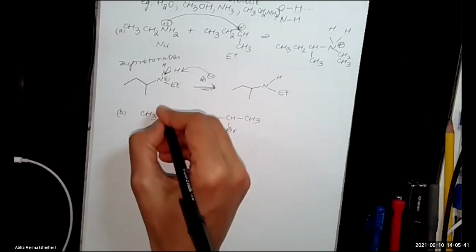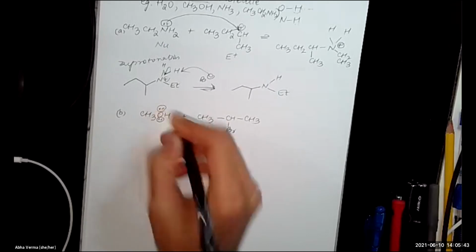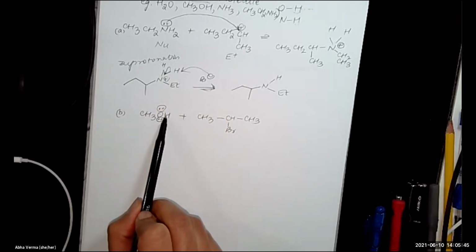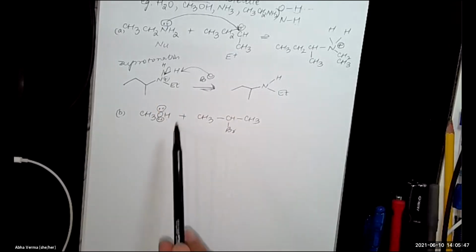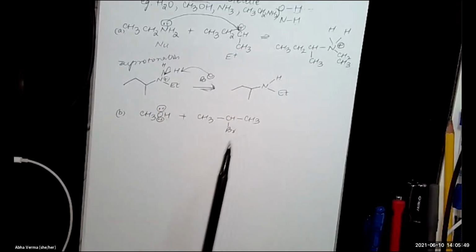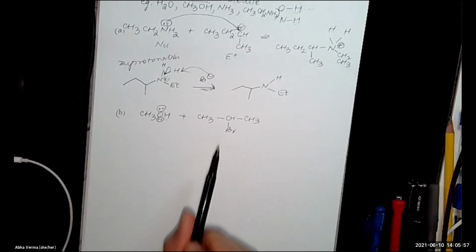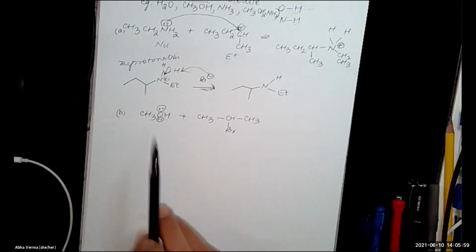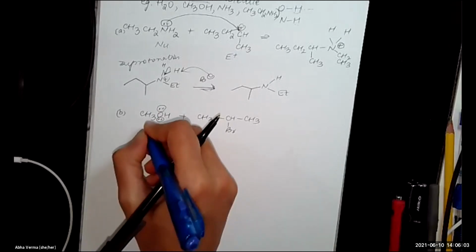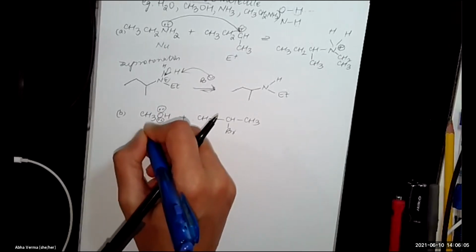Very good. The lone pairs of oxygen. So if we consider this to be our base, and this has to be our acid, do you see an acidic hydrogen on this molecule? No. And so, can we do acid-base? No, we cannot. We will have to do the nucleophilic electrophilic attack.